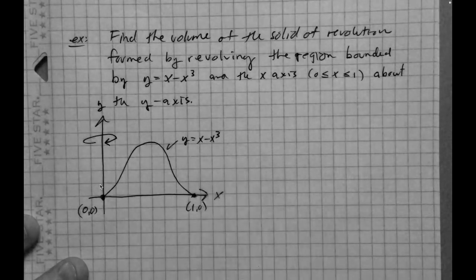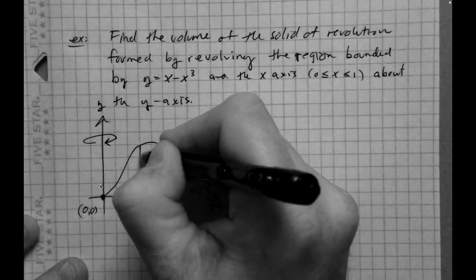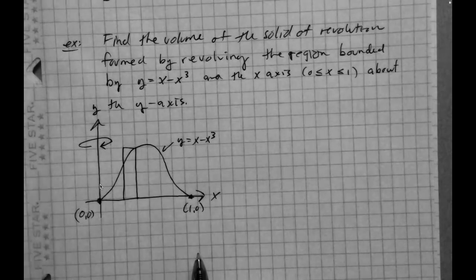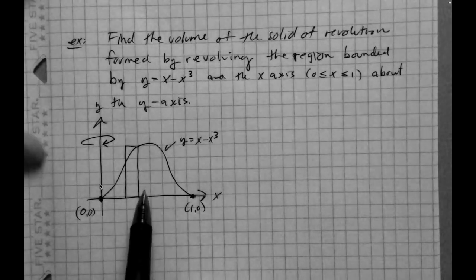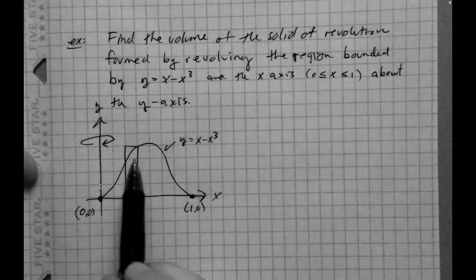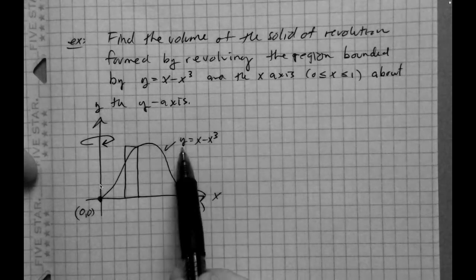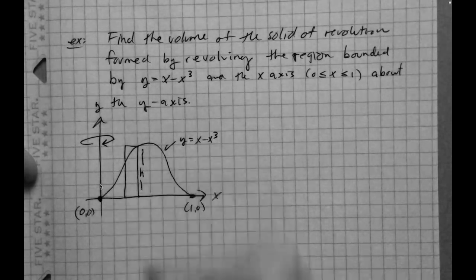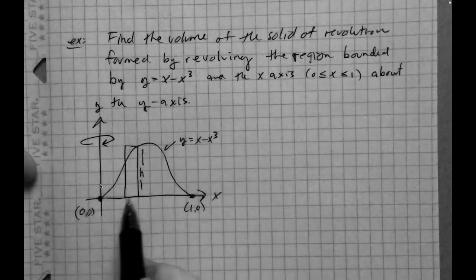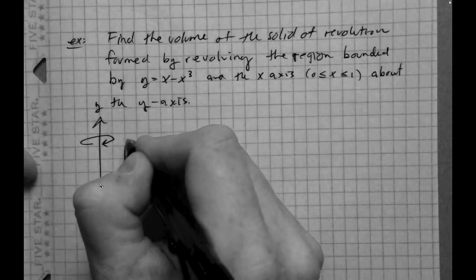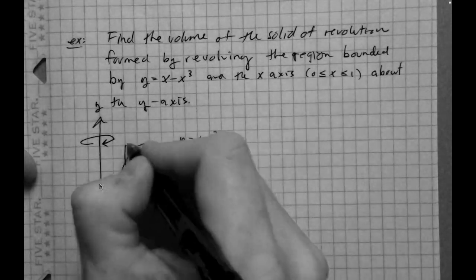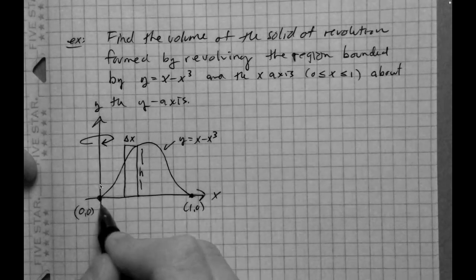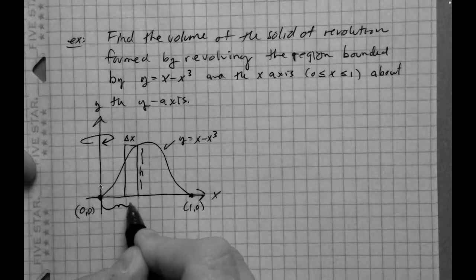And so that means our representative rectangles are going to be vertical in this case, right? So we'll have some height for each of the shells, and that's basically the function, so you'll have your h. The width is going to be determined as delta x. And then here's the question: what do we call this distance?